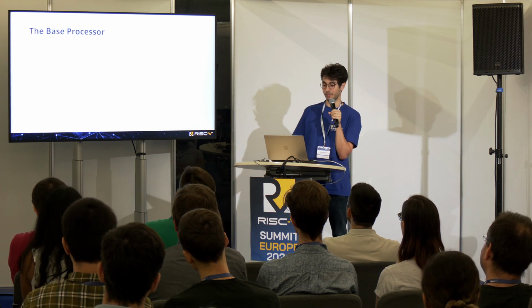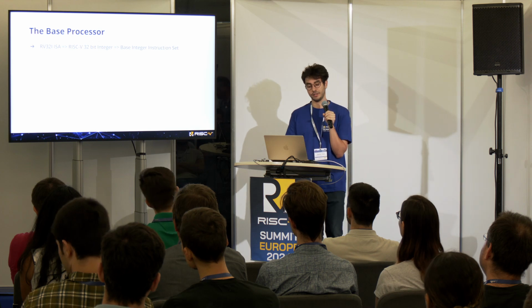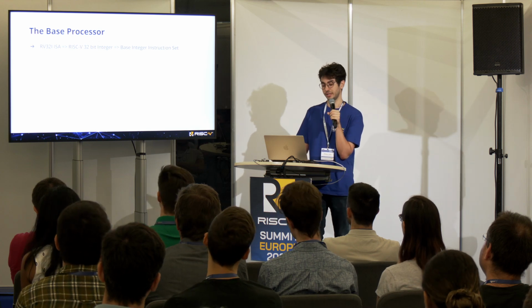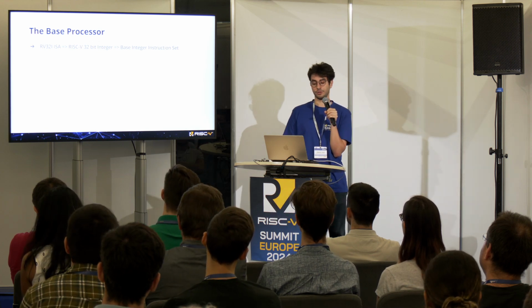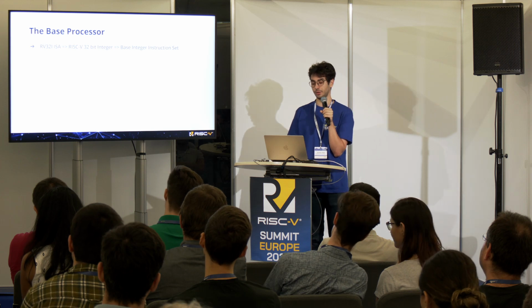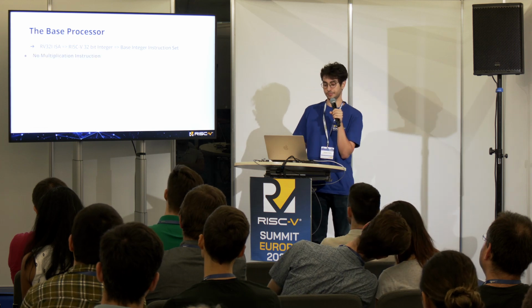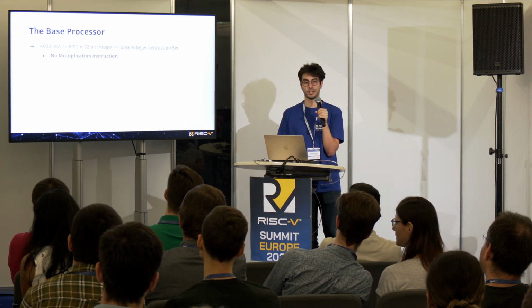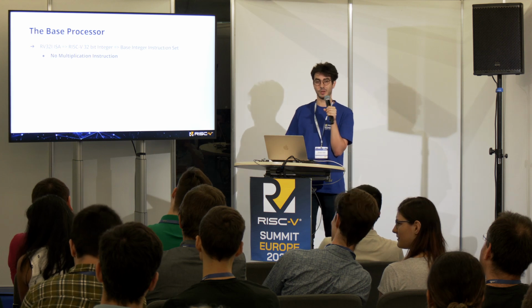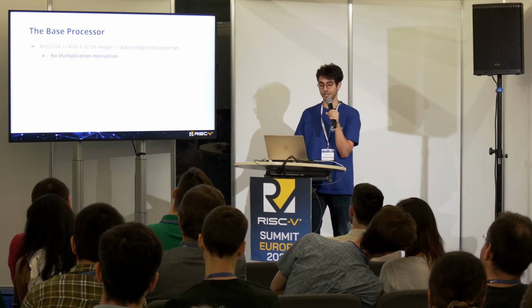So let's inspect our base processor. It was an RV32i, which means it's a RISC-V 32-bit integer processor. So it had no multiplication instruction, but as you know, matrix multiplication also depends on multiplication.